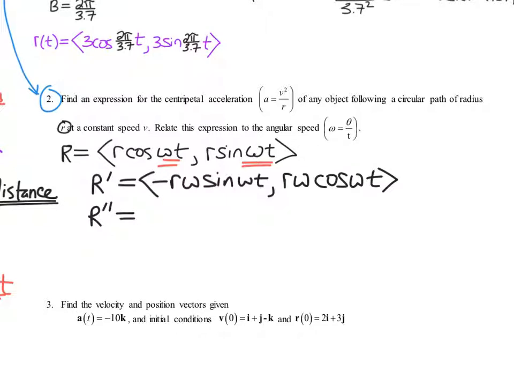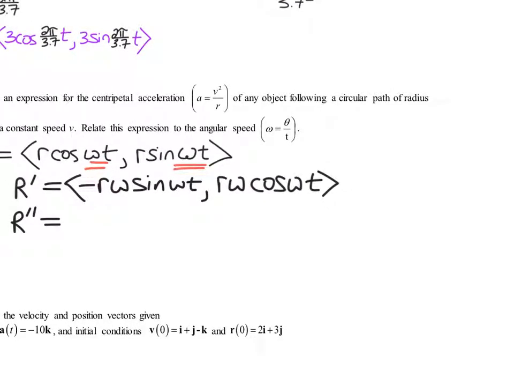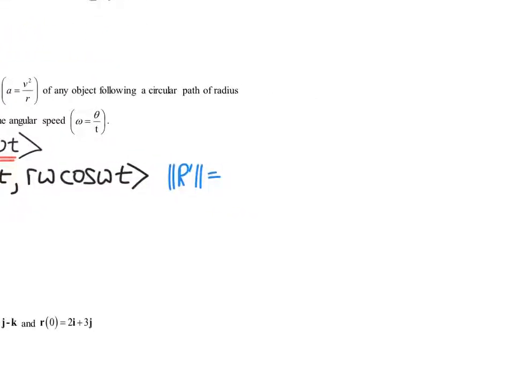I might as well do it, even though it's not asking for that, just because it's worth a little mini discussion. If I look for the magnitude of R prime, I'd be getting the squared values added together and then rooted. All right. So I won't skip that step this time, but it'll allow me to skip it in the next step.